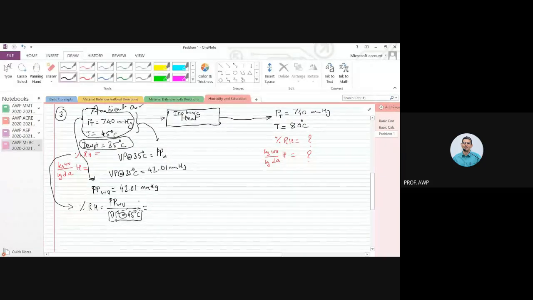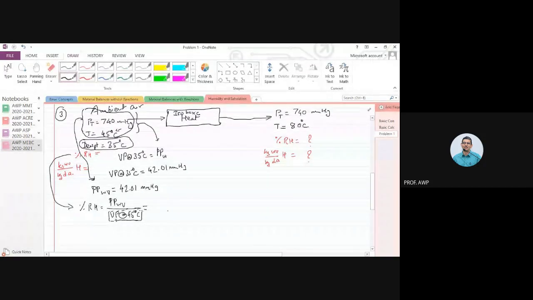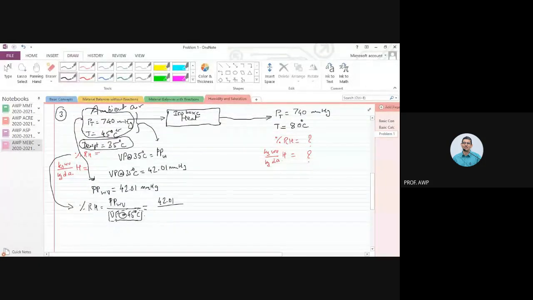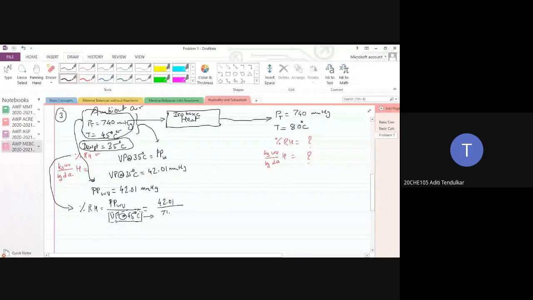So percent relative humidity is the partial pressure divided by the vapor pressure at the temperature of the air. Temperature of the air is 45, so partial pressure is 42.01. Vapor pressure, somebody tell me the vapor pressure at 45 degrees centigrade. 71.79. Okay, 71.79.